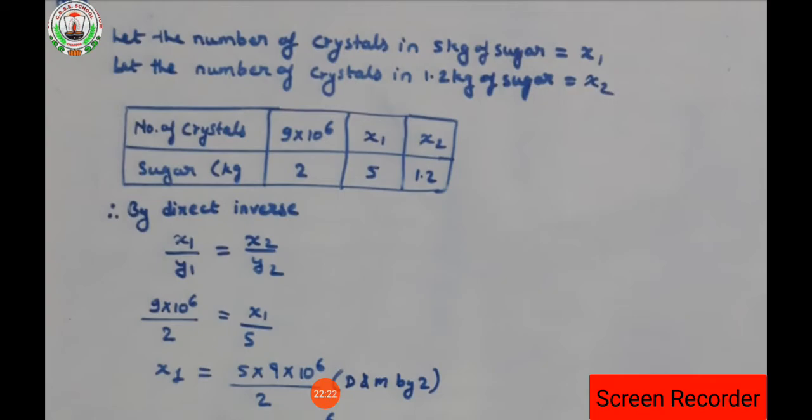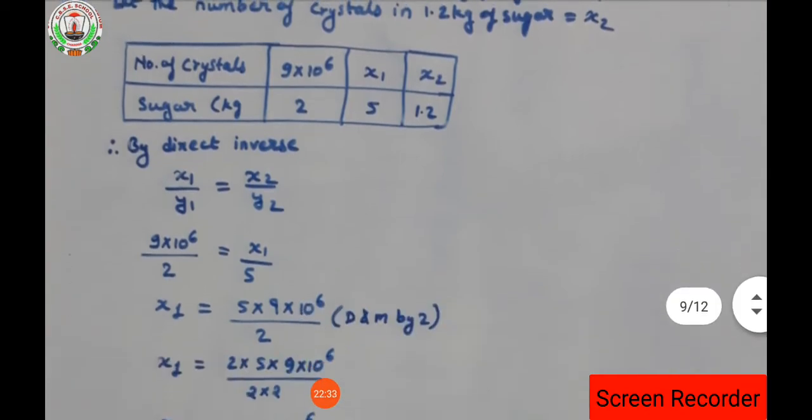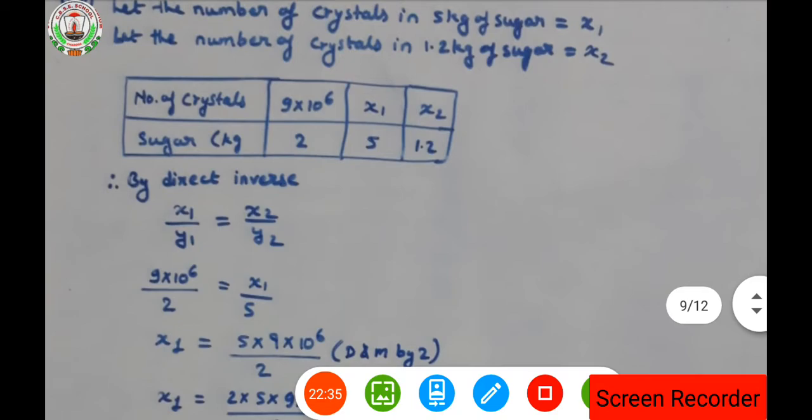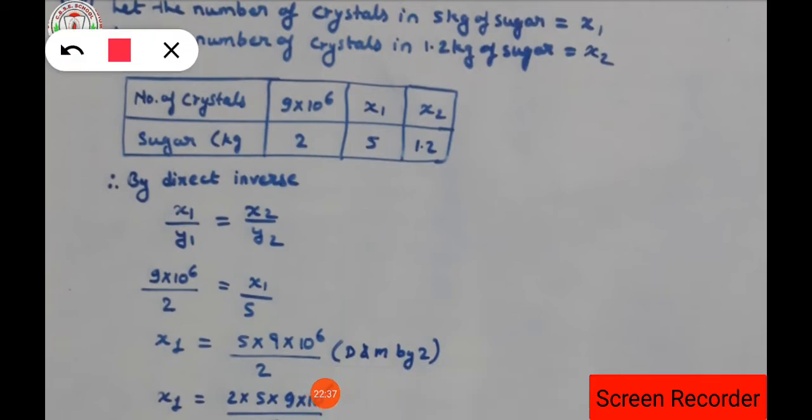If we have 5 kg of sugar, how many crystals are there in 5 kg of sugar? That we will consider as x. Okay. Here, let the number of crystals of sugar in 5 kg be x1. Okay.